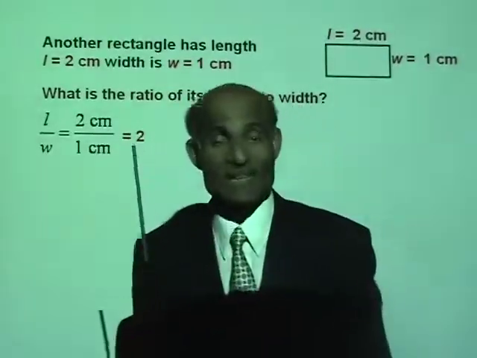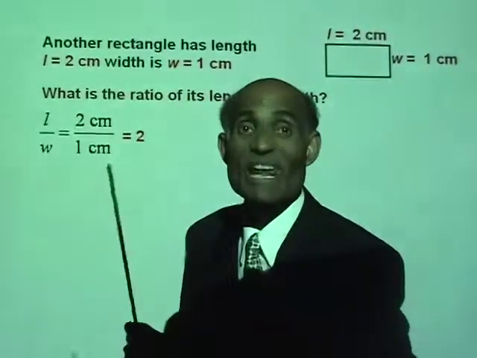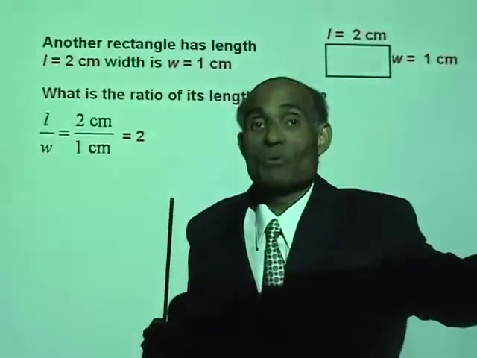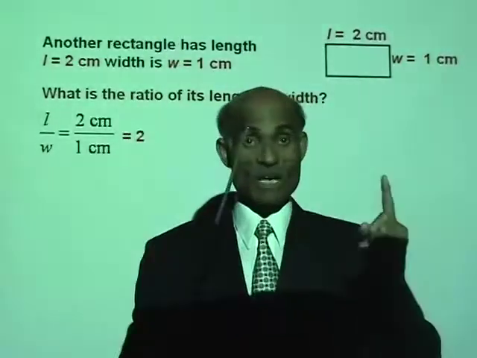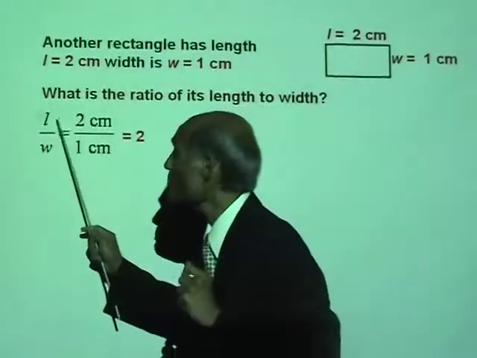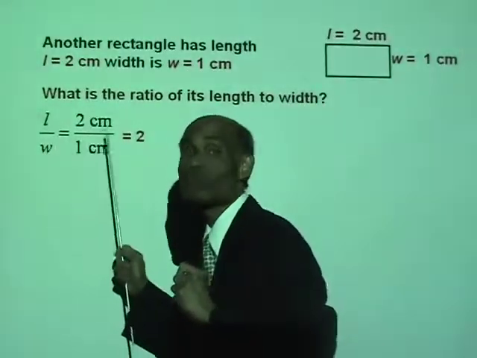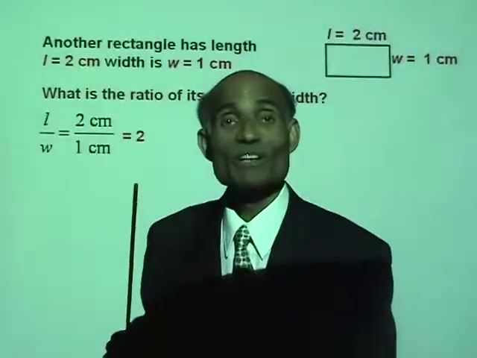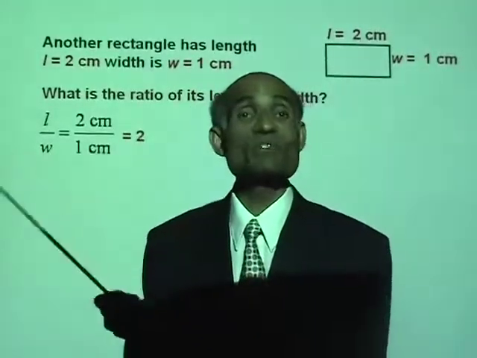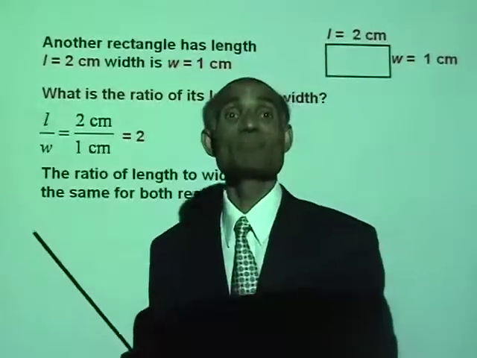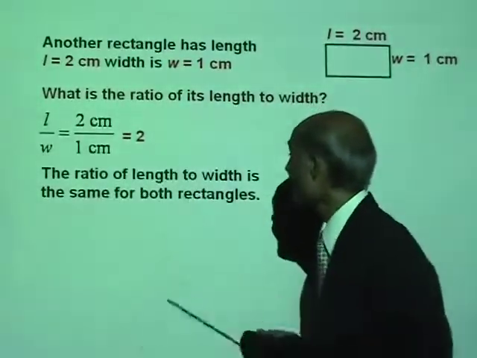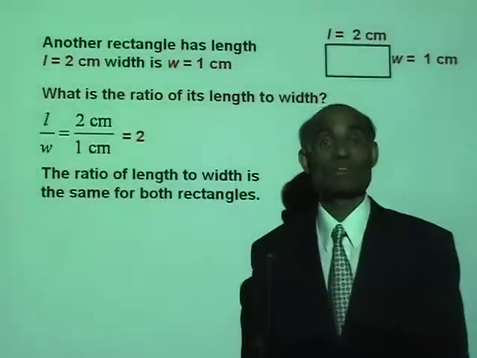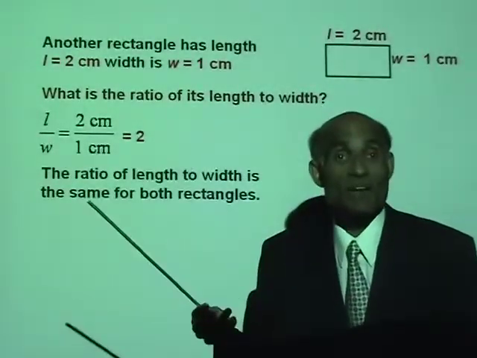You notice that the ratio of length to width in the previous example, which was a larger rectangle, is the same as the ratio of length to width in this case. In both cases, the ratio of length to width is the same. Two ratios are the same.